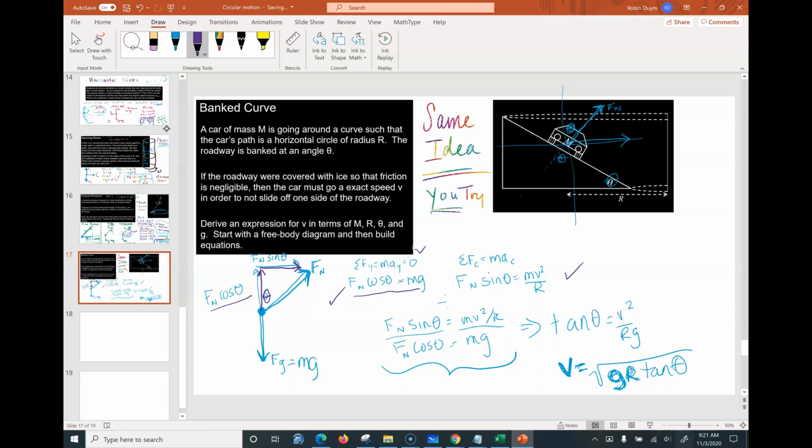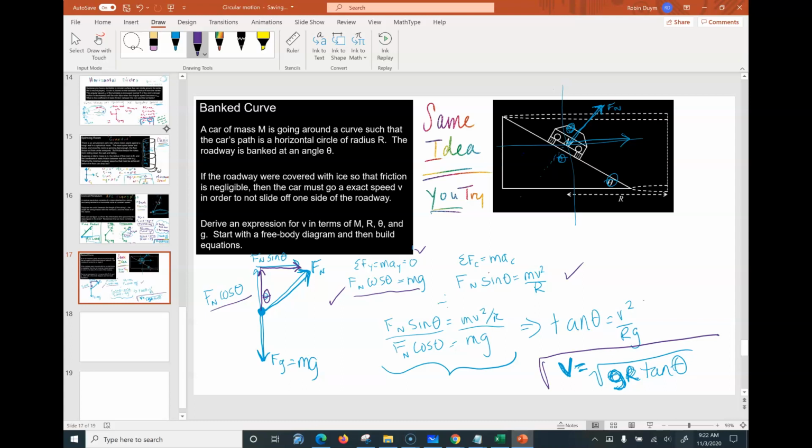And then we just do that new trick we just learned. Just divide these two because you have a sine and a cosine, and we know that that turns into tan theta equals v squared over the radius and gravity. So you solve for v, you end up with your speed, this perfect speed of the square root of gr tan theta.